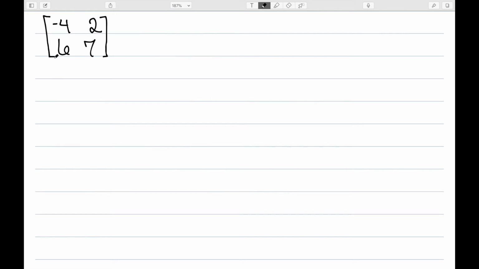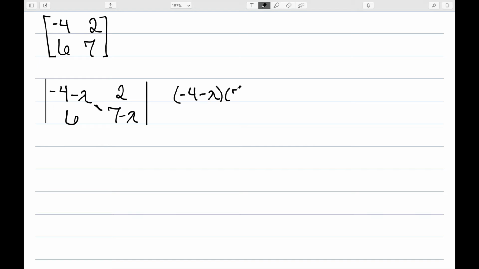Here I have my matrix -4, 2, 6, 7. To find my eigenvalues, I need to find the determinant of A minus lambda I. And like we mentioned in the last video, subtracting lambda I means just subtracting lambda from the diagonal. So I have -4 minus lambda, 2, 6, and 7 minus lambda. Taking this determinant, we have (-4 minus lambda) times (7 minus lambda), minus 12, and we need this to be equal to 0.